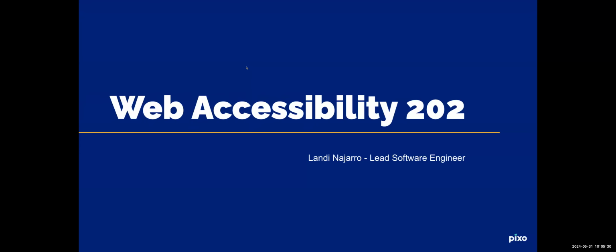This is Web Accessibility 202, Beyond Accessibility, making your website inclusive and better for all users. This webinar is for anyone who has a basic understanding of web accessibility and wants to take it to the next level. So web accessibility is the art of providing equal access and equal opportunity of web content to people with disabilities. This is what we're going to cover today.